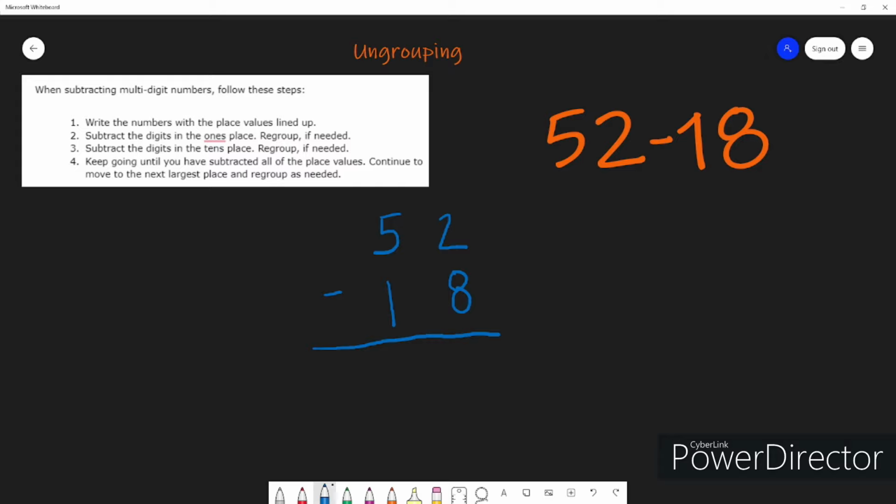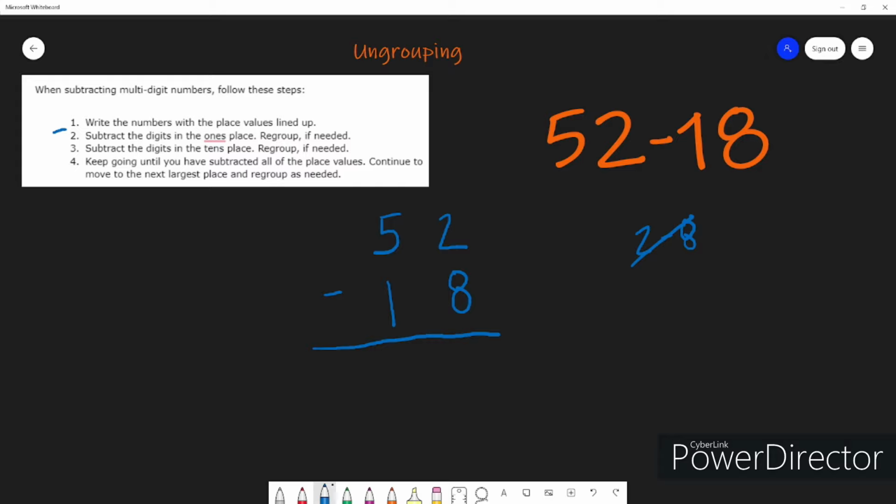Number 2 tells us to subtract the digits in the ones place, regroup if needed. So regrouping is allowing us to utilize numbers from the left number, the biggest place value, so we can subtract. Because the situation we have here is 2 minus 8, and you're unable to subtract that.